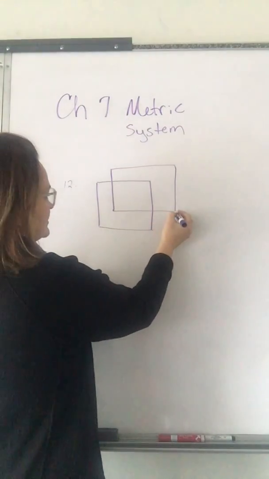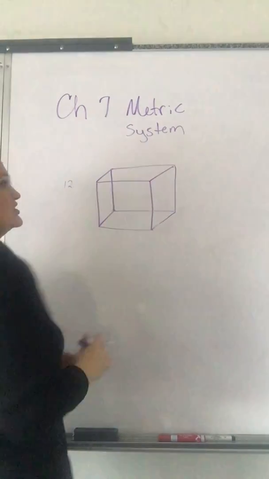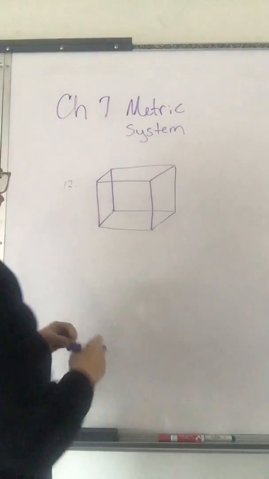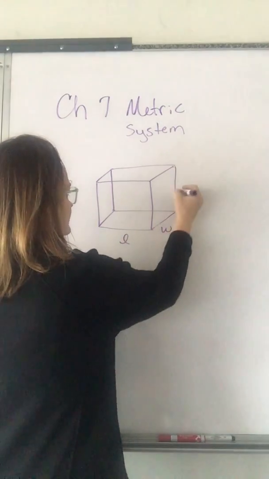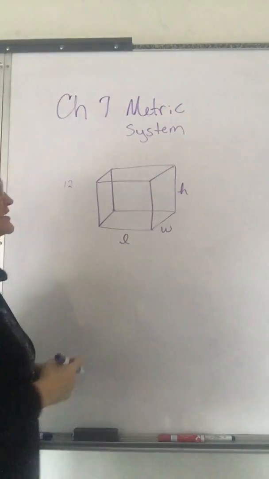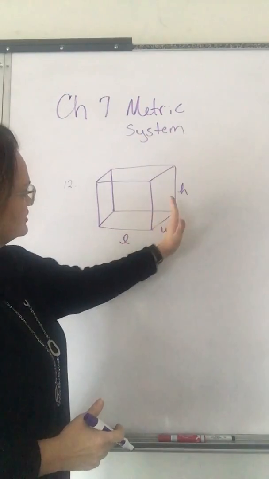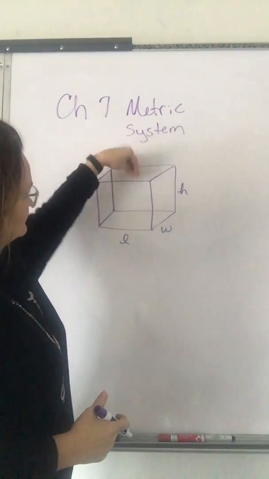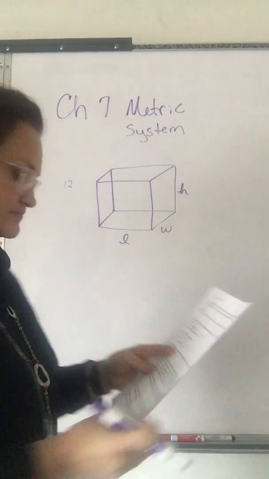Let's give it a height, how far out it goes that way, a third dimension, so it has length, width, and height. It doesn't really matter which one you call which. You could turn it on its side. But a 1 decimeter by 1 decimeter by 1 decimeter, inside of that would be a cubic decimeter.